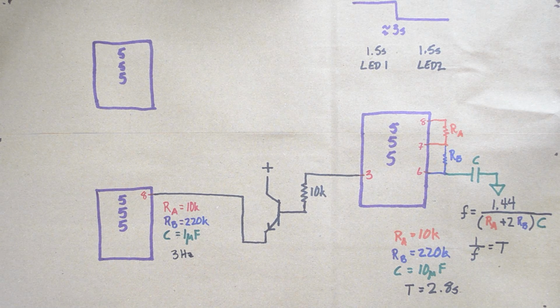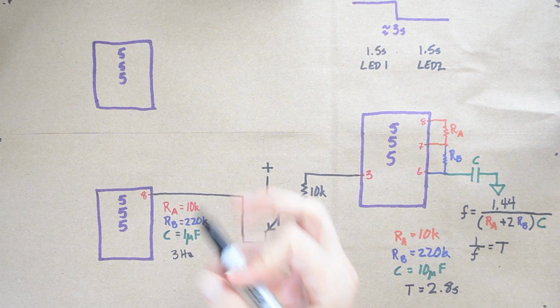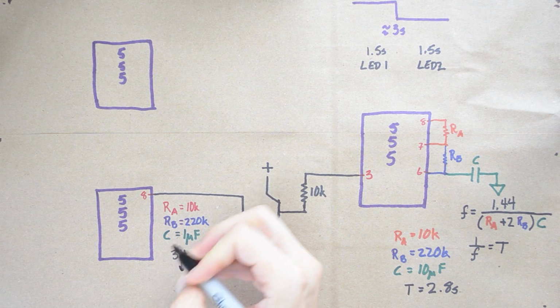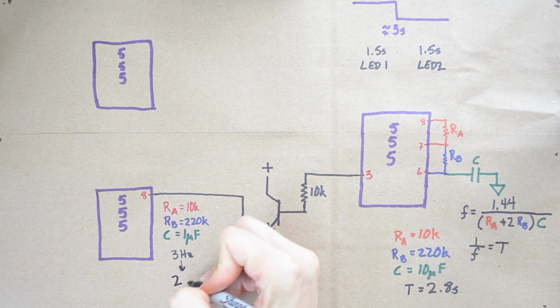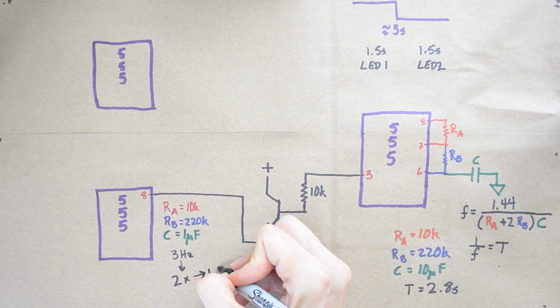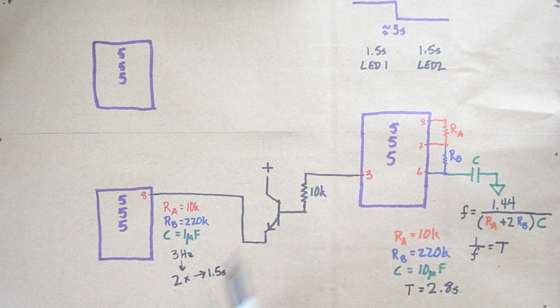However, it's not exact. A 555 timer is not super accurate, so you have to play with it. And when I played with these values, I was able to get the light to blink 2 times in the time period of 1.5 seconds. It's not exactly 1.5 seconds. We said over here it's 2.8 seconds.